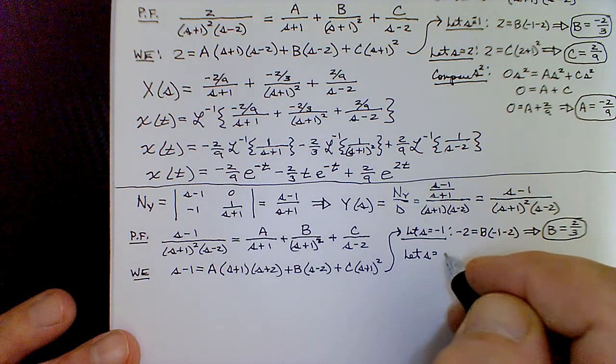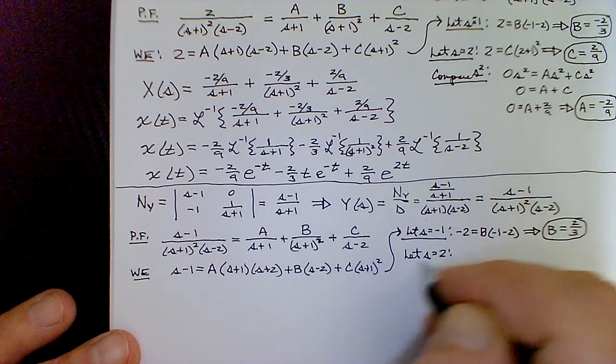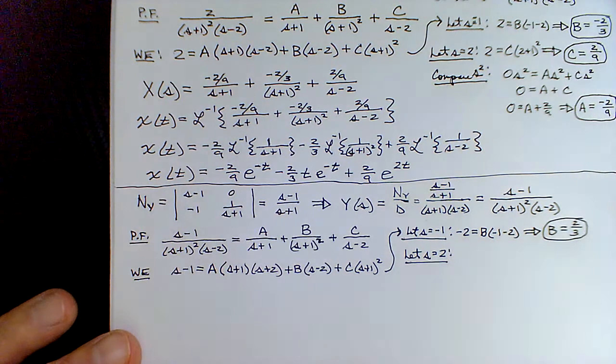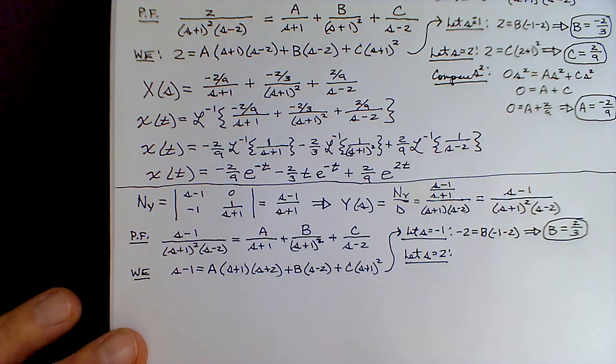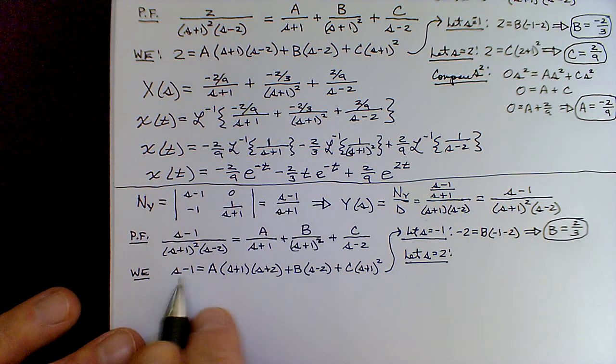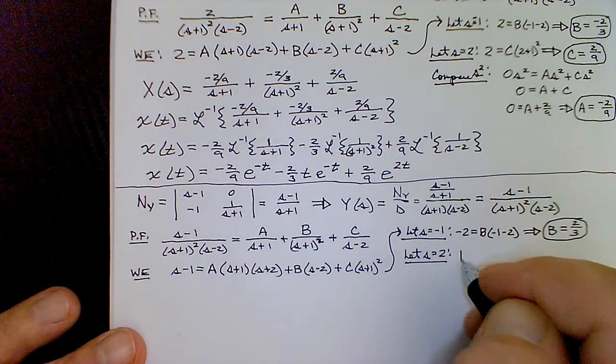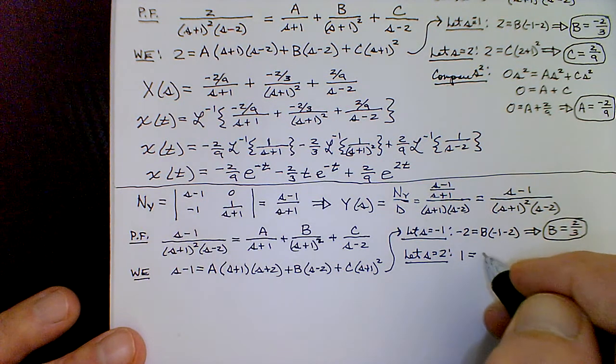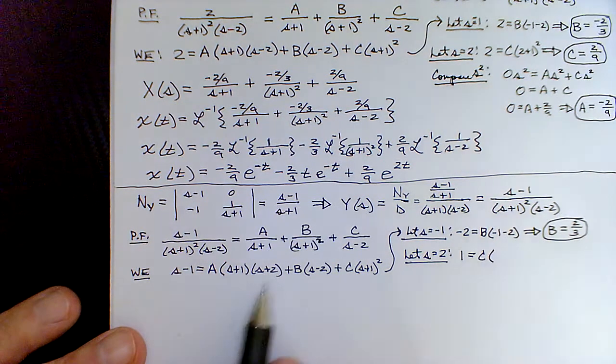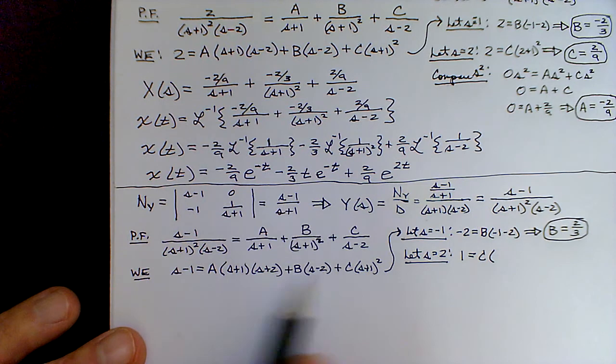Alright, let's let s equal 2 now, and we'll be able to solve for C. So on the left we get 2 minus 1 or 1 equaling C times, because the A and B terms go away. Oh, I wrote an s plus 2 here, I'm sorry.